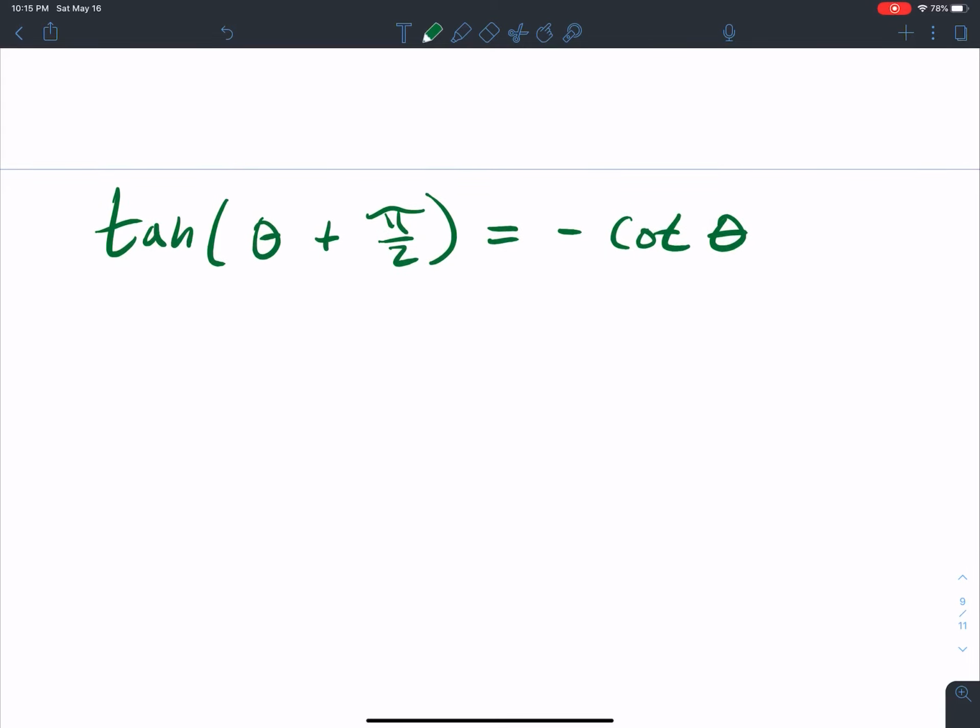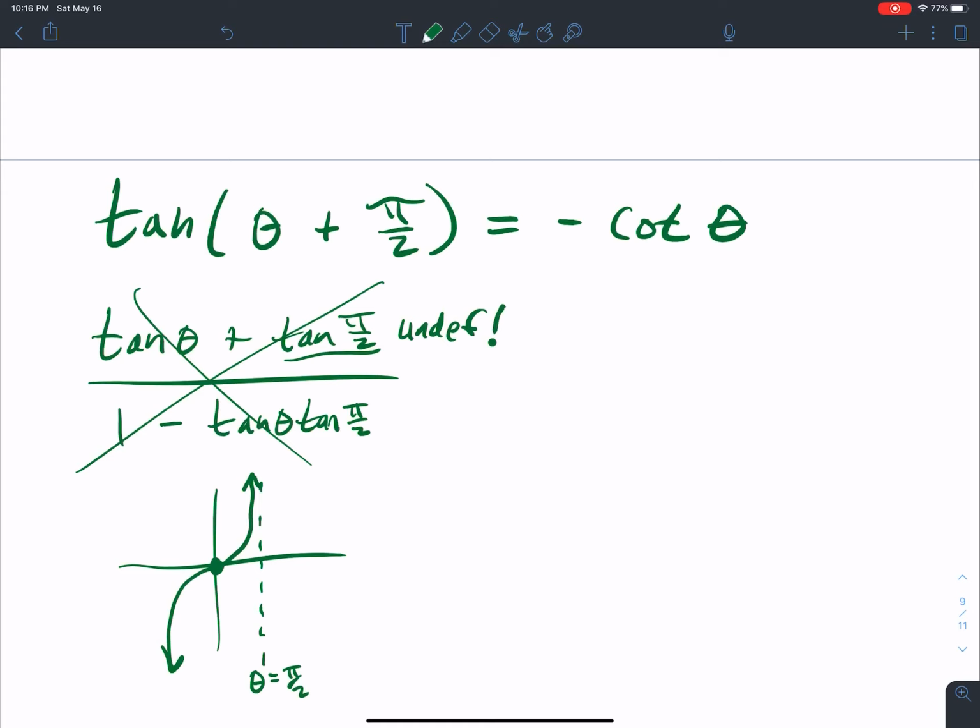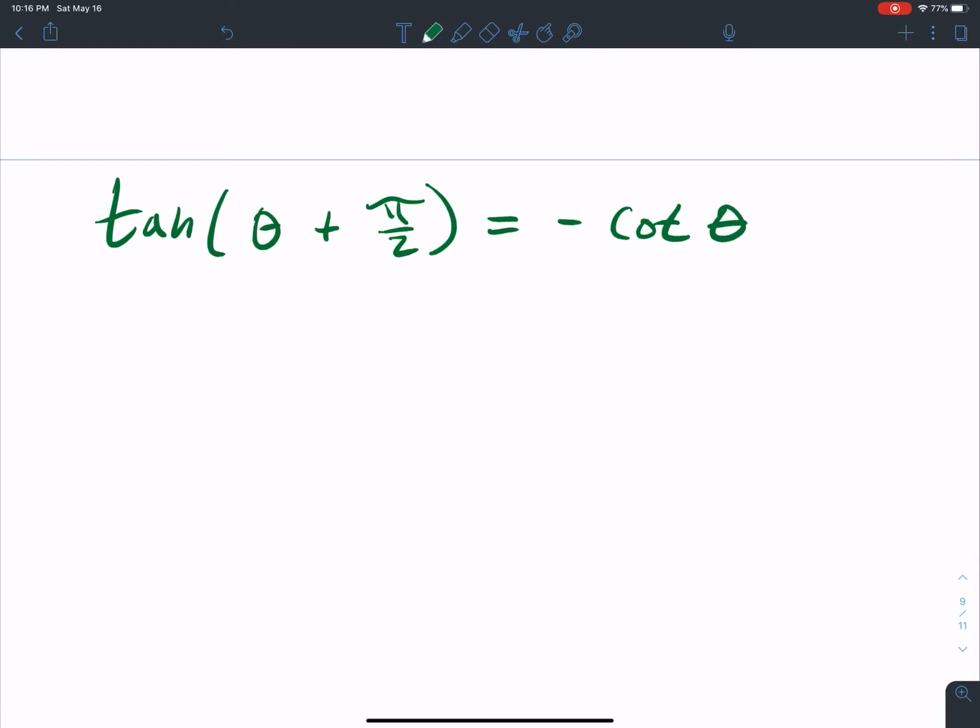Well, if I graph tangent, I have a vertical asymptote at pi over 2. So this is undefined. So I can't use this identity here. Yikes. All right, so I'm kind of stuck on that one. I can't plug in pi over 2, so I've got to figure something else out.